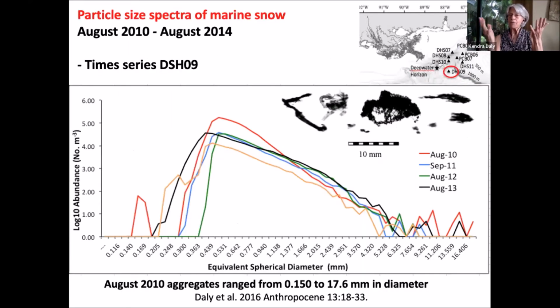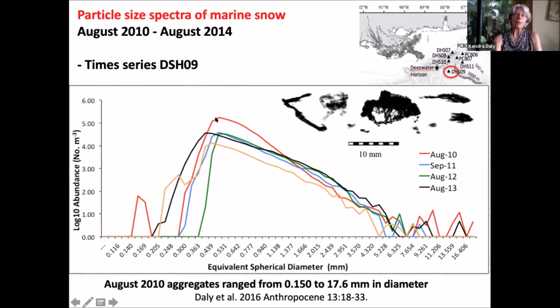So all of the phytoplankton and zooplankton and the microbial activity contributed to a much higher marine snow abundance than is normally seen in this area. This is just a size distribution for marine snow aggregates between August 2010 and August 2014, all at this station that's about 50 kilometers from the Deepwater Horizon site.